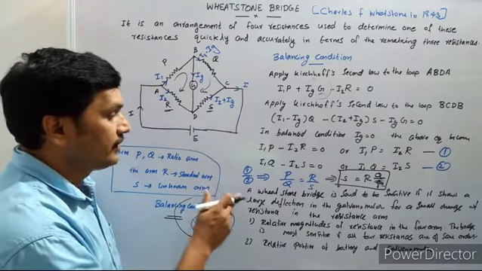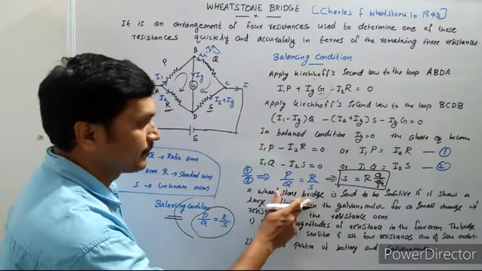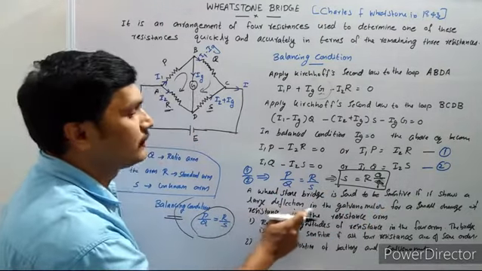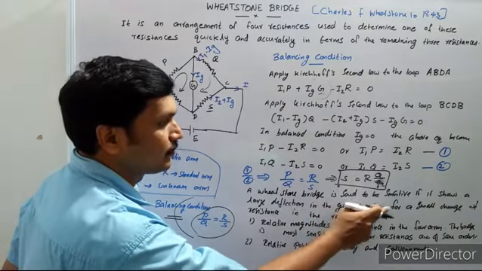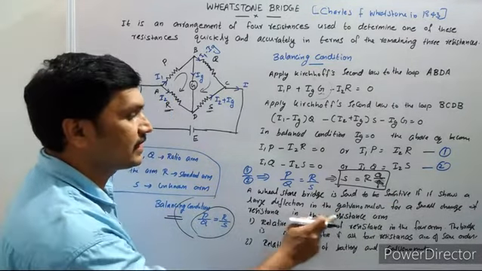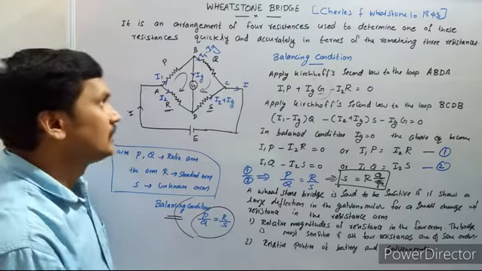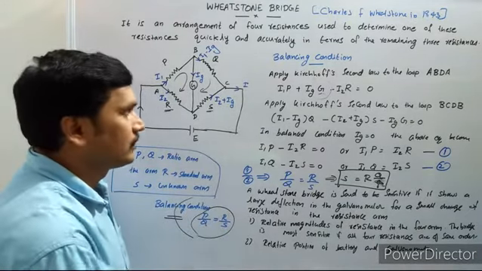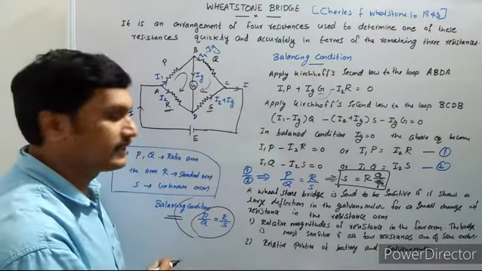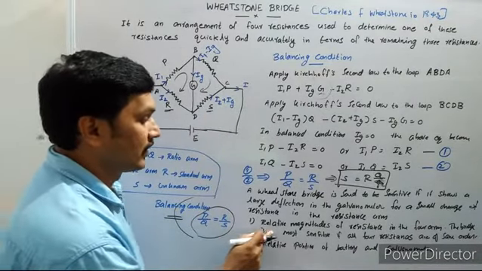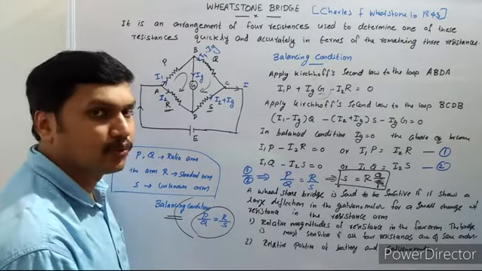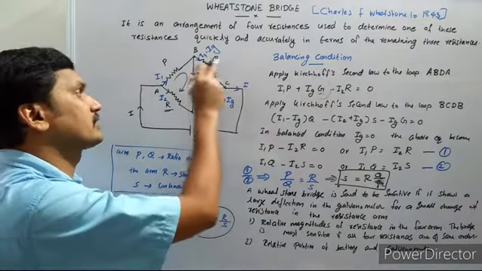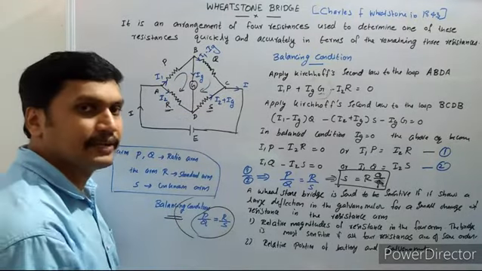Once more, a Wheatstone bridge is said to be sensitive if it shows a large deflection in the galvanometer for a small change of resistance in the resistance arm. The factors affecting this sensitivity are, one, the relative magnitude of the resistance in the four arms; to make it most sensitive, take all four resistors approximately in the same order.